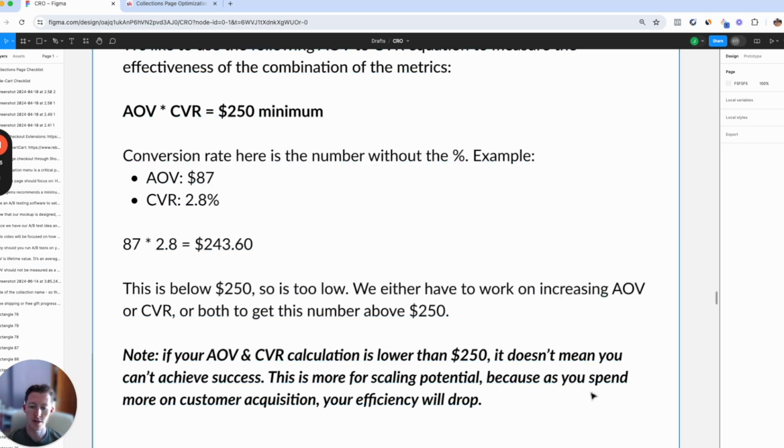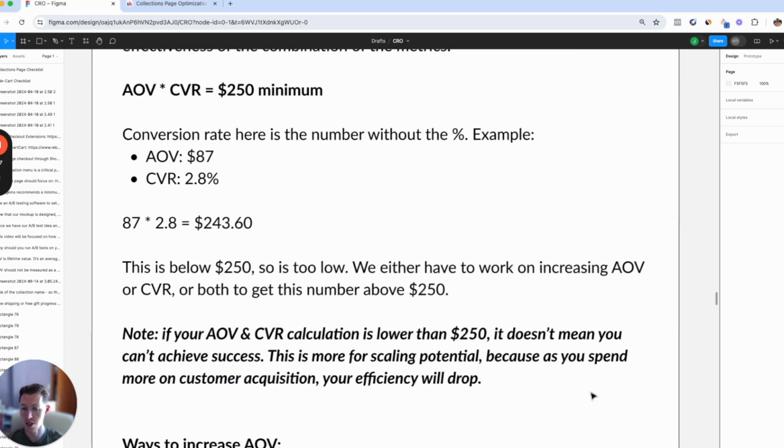Because as you spend more money on customer acquisition, your efficiency will drop, meaning it's going to be more expensive to acquire customers. So you need to work on other levers, AOV and conversion rate, to be able to offset that increase in customer acquisition cost.